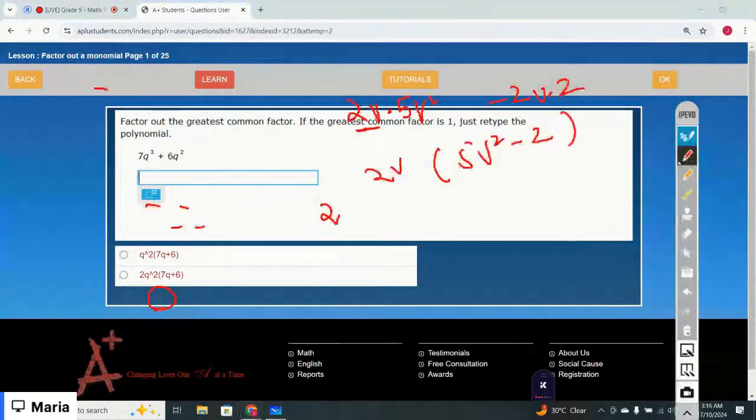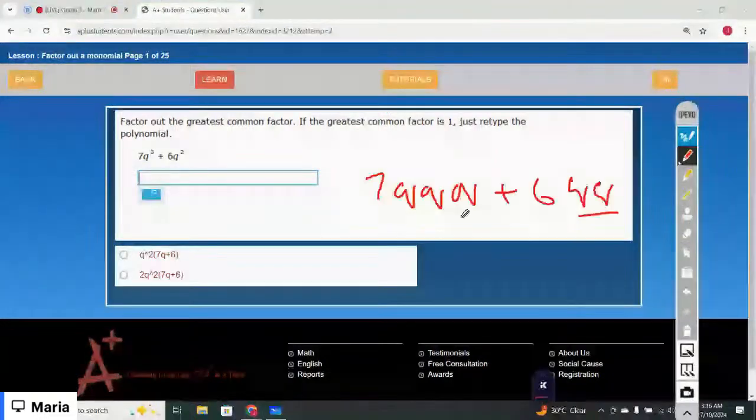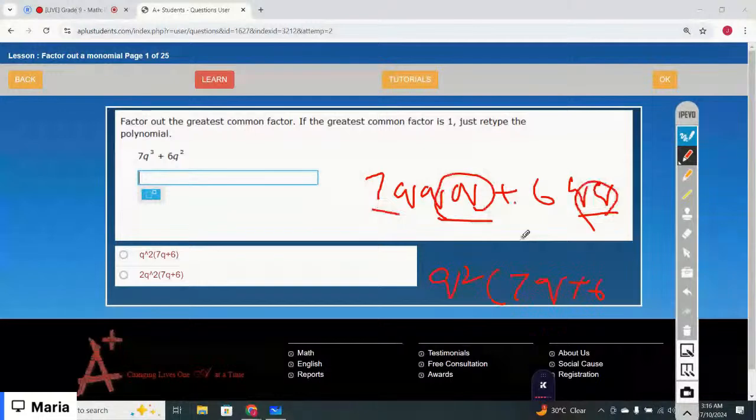You can write it as 7 times q times q times q plus 6 times q times q. You have 2 q's in both, right? So that means you can take common q squared. You are left with 7q plus 6, because when you remove these two q's, you are left with 7q and here you have 6. So that is 7q plus 6.